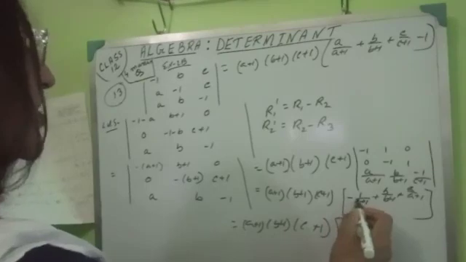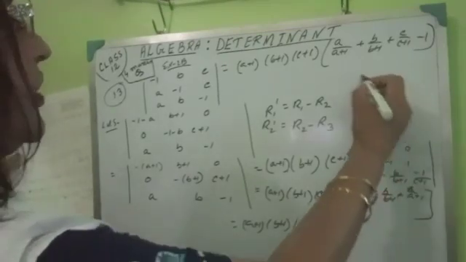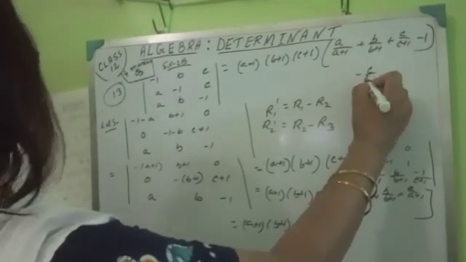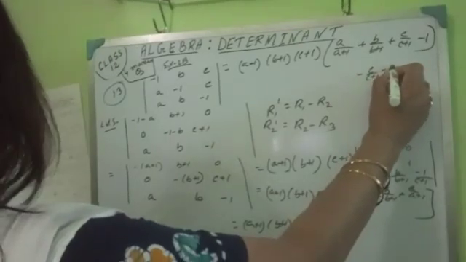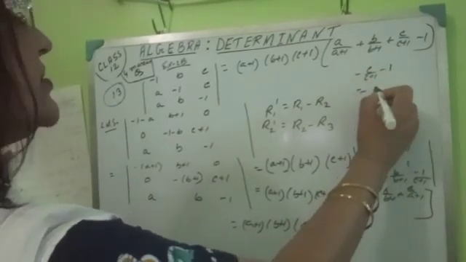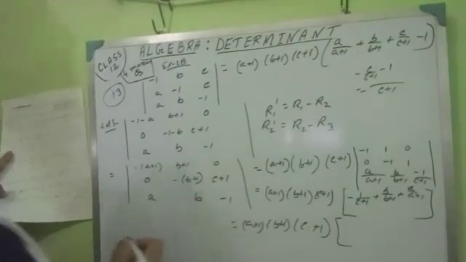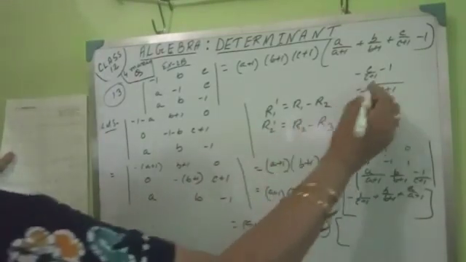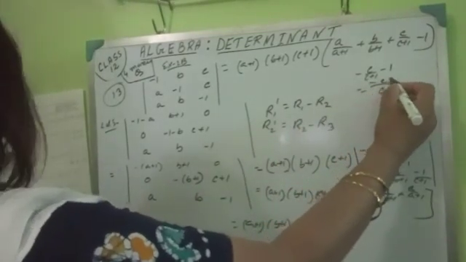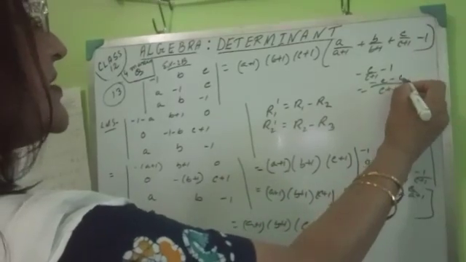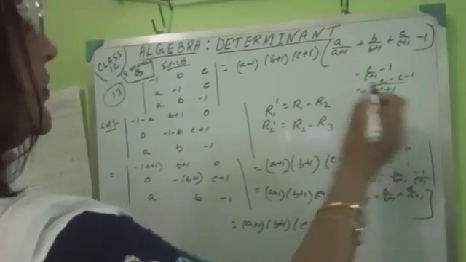and as it is minus 1 by c plus 1, we know minus c by c plus 1 minus 1 is equal to, let's write this as minus c plus 1 as LCM, it will be minus c minus 1.